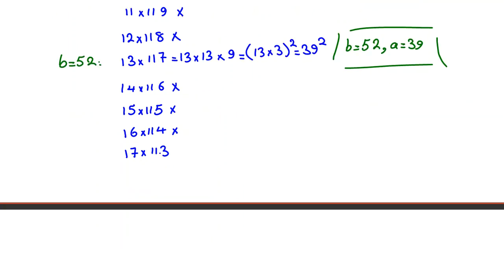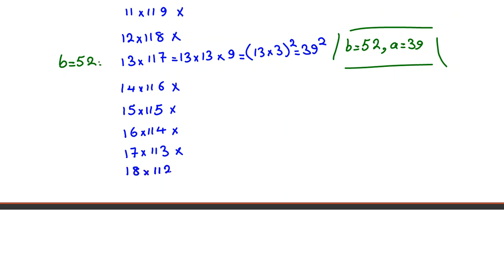Is 113 a multiple of 17? Let's check. 8 times 17 is 136, no, 7 times, no, 6, no. So it's not a multiple of 17, so it's not a perfect square.